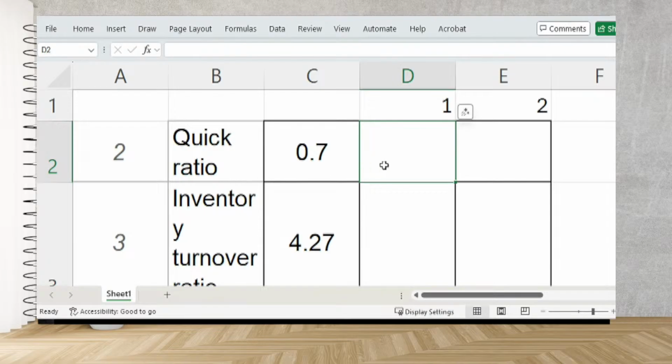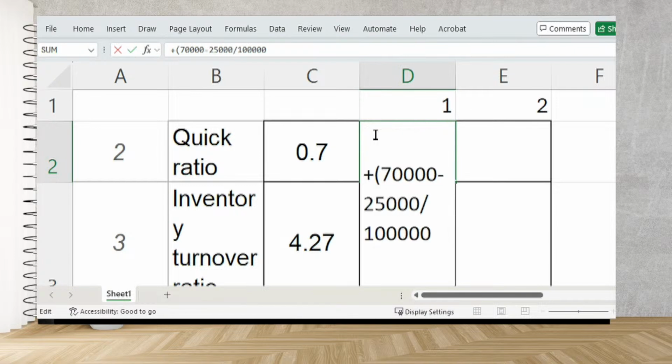So in this situation, in strategy one, what happened? If I consider 0.7, it means 70,000 is current asset and 100,000 is current liability. What would be the next ratio after adjustment in strategy one? It is basically minus 25,000. Why?